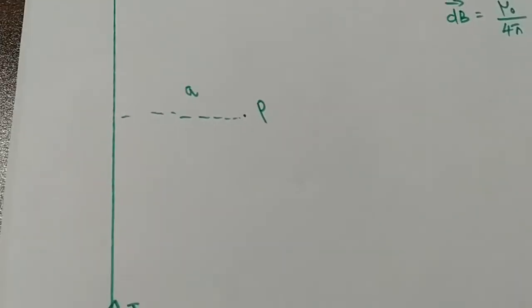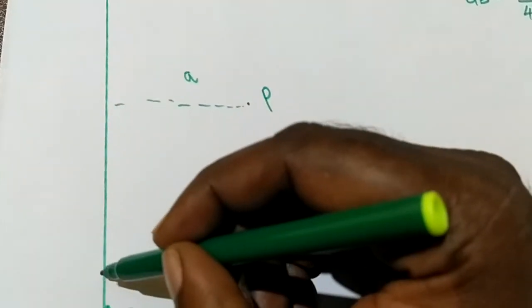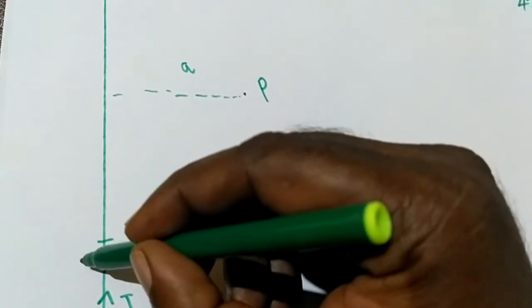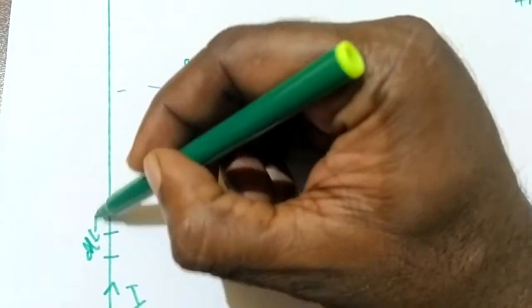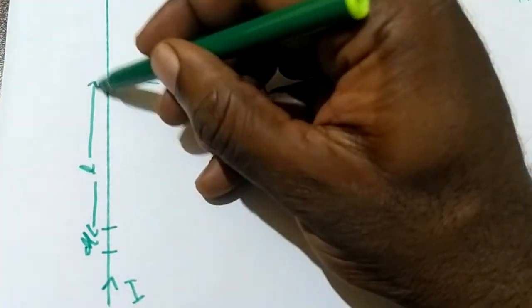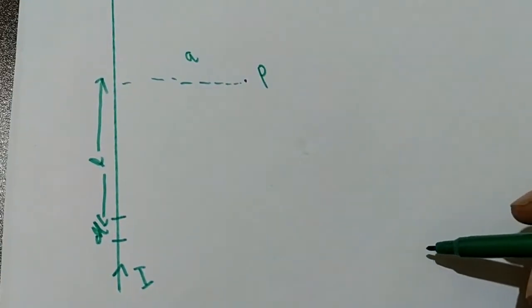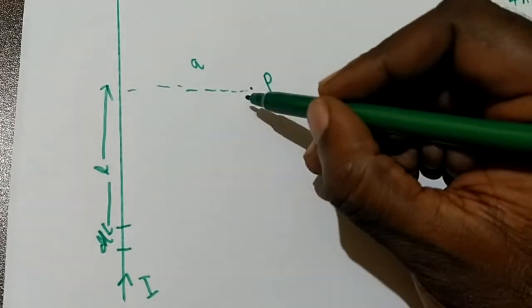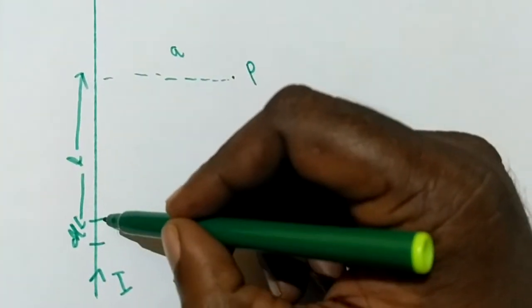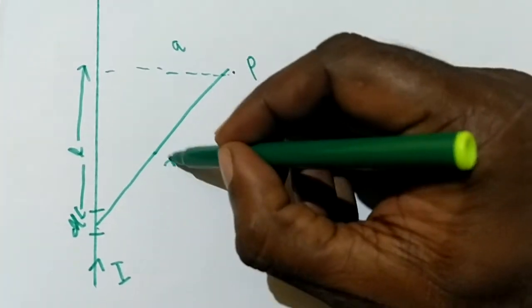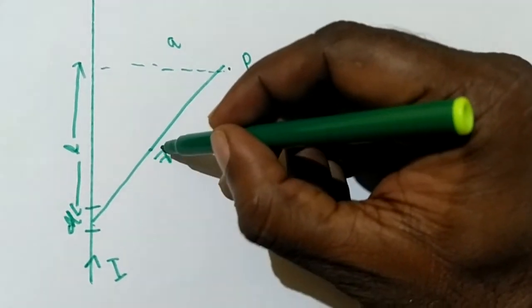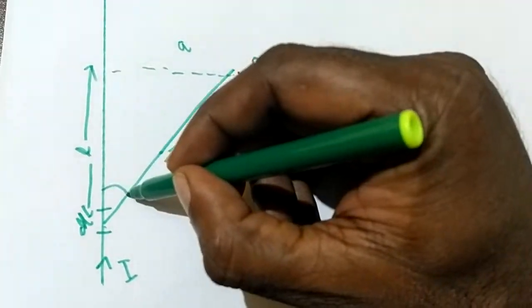So for that, first we consider a small segment of length dl at a distance, say L from this point. The point P is at a distance r, like we considered before, and this makes an angle theta.